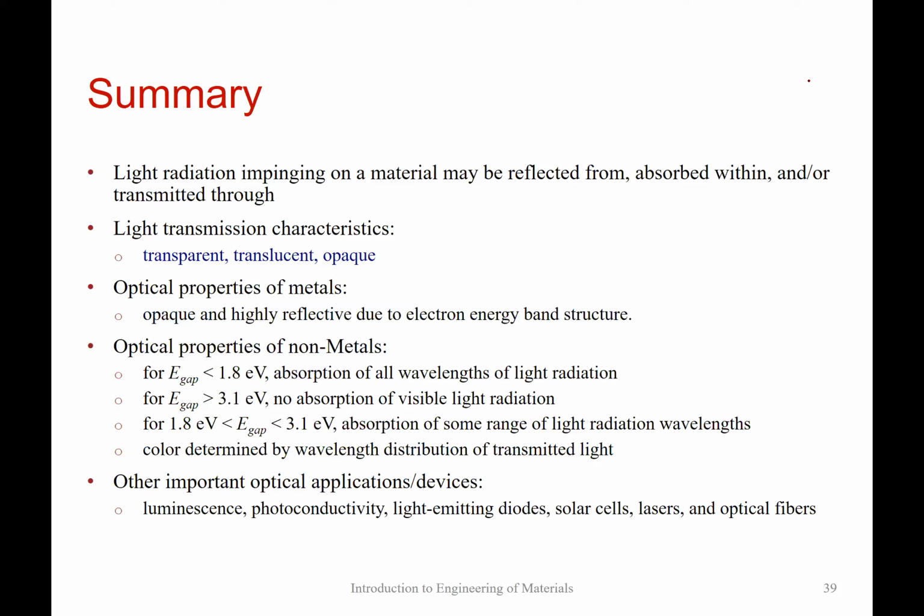So, all right, we're going to wrap this up before we move on to composites. So in summary, we talked about light and how it interacts with different materials like metals, semiconductors, and insulators, and how it can be reflected, absorbed, or transmitted. We talked about properties such as transparency, and how a material can be translucent or opaque because of the crystallinity in a material, and also the electronic properties of a material.